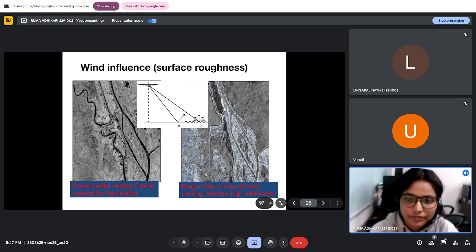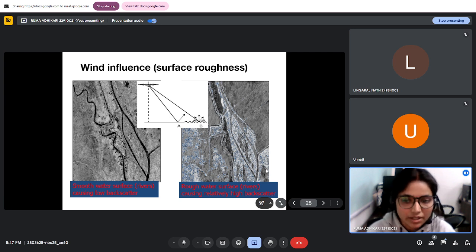And here, this is called, as I have already told, the salt and pepper type of noise. This is noise because this texture is not a terrain property. It happens because of the rough water surface in the river, because our weather is windy, and the water surface is rippling because of the wind.